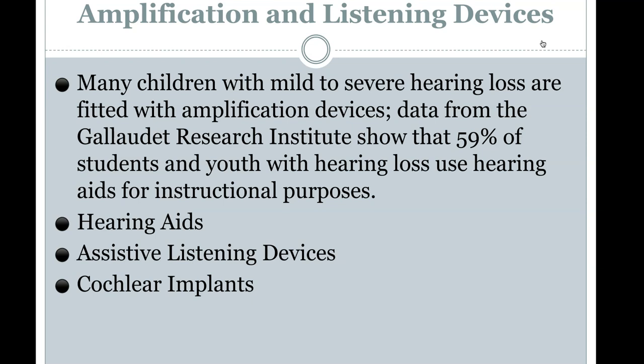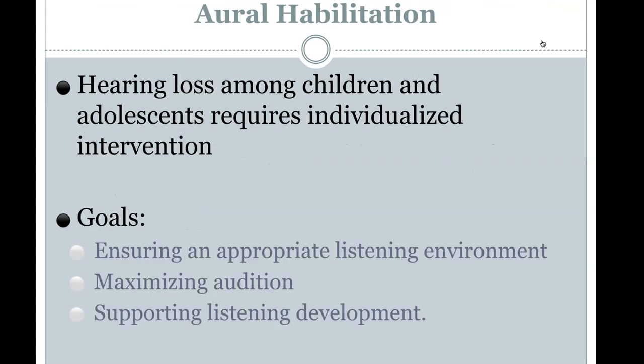And that can be hearing aids, assistive listening devices, like maybe you have a hearing system on your desk, your teacher has a microphone and it gets amplified, or the child could have a cochlear implant, where an implant is made in the child's skull that helps to work as a cochlea to fire the acoustic nerve so the child can hear.